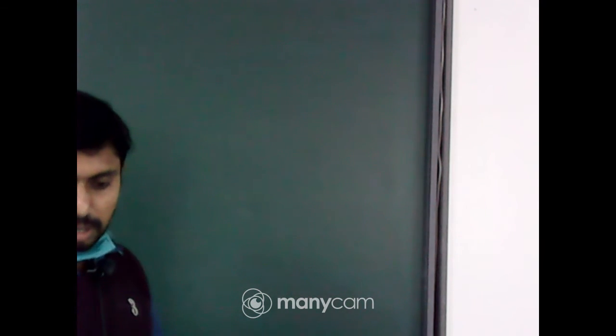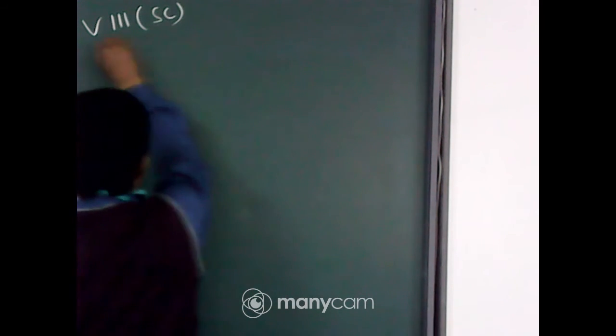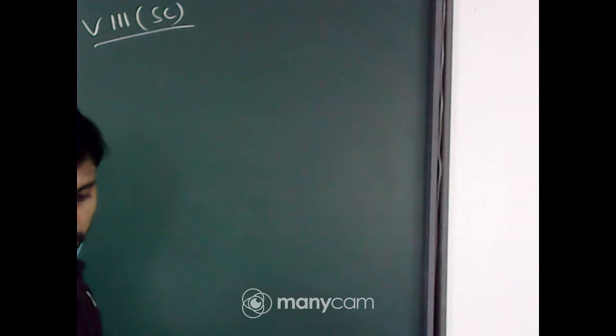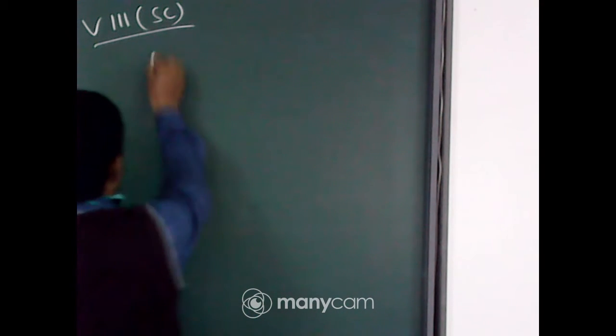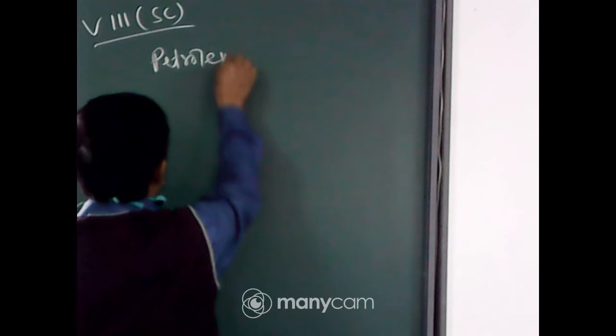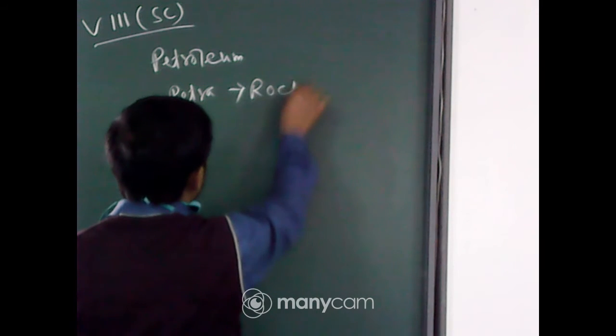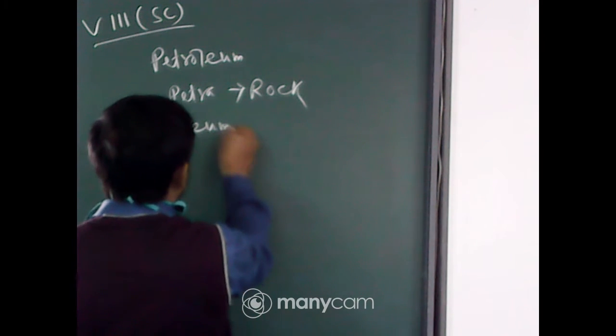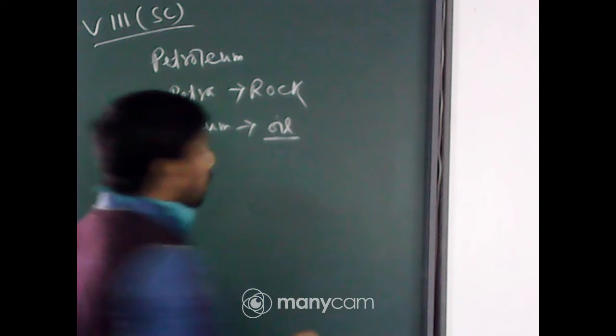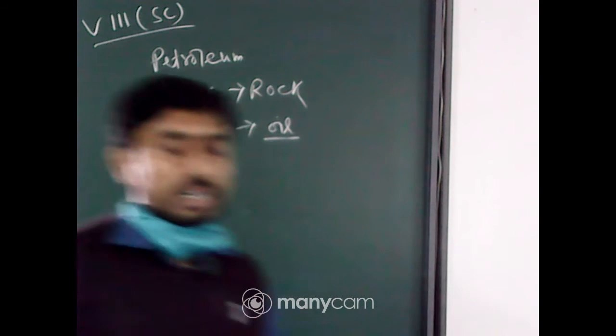Now if you break the word petroleum, the meaning of petra is rock, and oleum is oil. So the oil which is extracted from the rock.